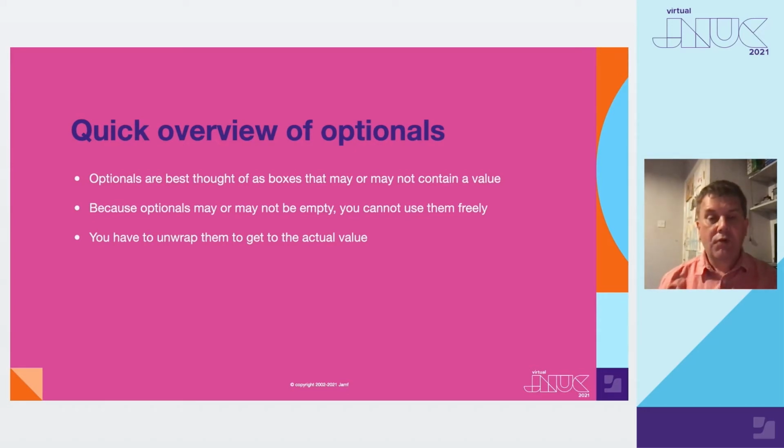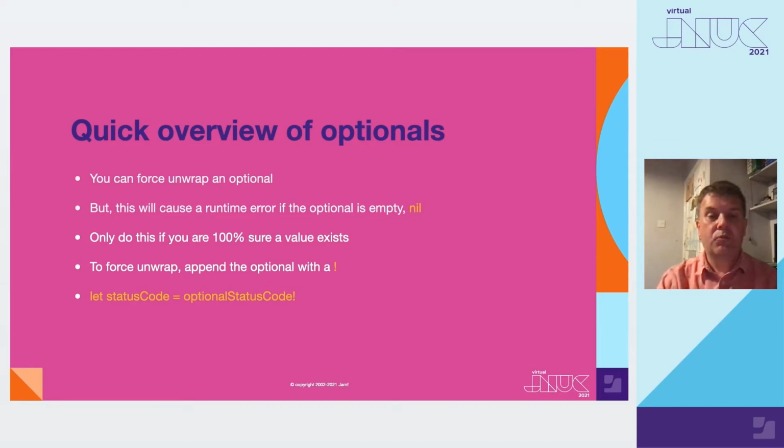If you have an optional, you need to unwrap it, and there's a couple of ways we can do this. One approach is what's called force unwrapping. You need to be slightly careful here. This is slightly dangerous because with force unwrapping, you're doing a brute force unwrap. You're just unwrapping the optional regardless. You're not going to check it, you're just going to try and retrieve the value.